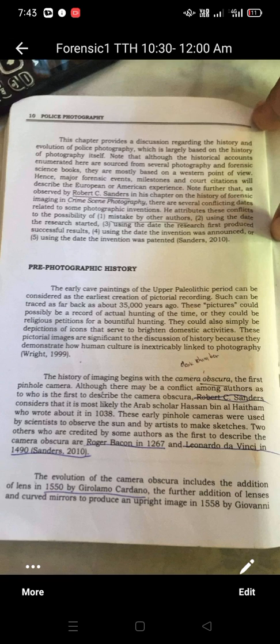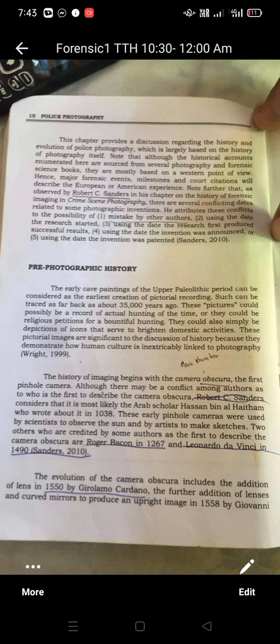These dates are mistaken by other authors, who use the date the research started, the date the research first produced successful results, the date the invention was announced, or the date the invention was patented (Sanders, 2010).